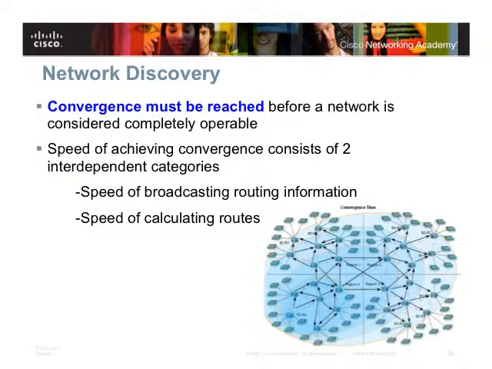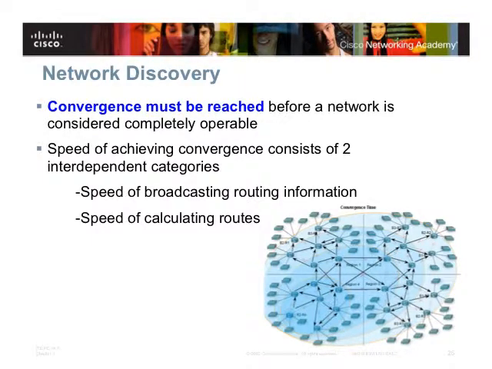So in a very large network like this, in order for the information to flow all the way to the entire network, as we will see with the number of hops here, the update messages have to go incrementally to all the routers in the network.